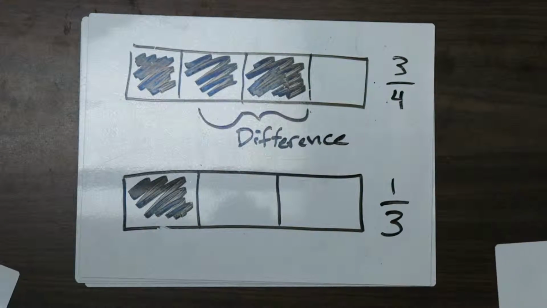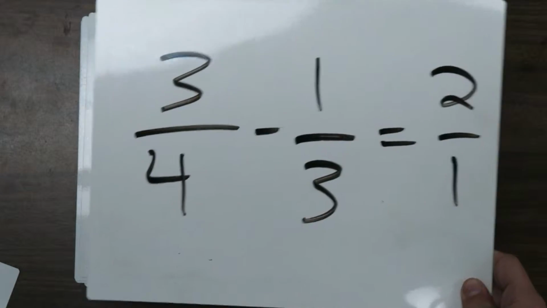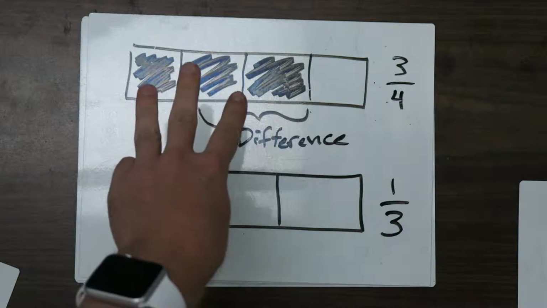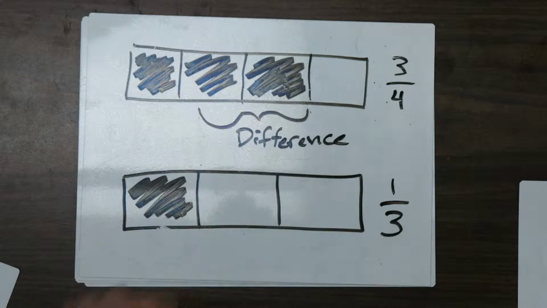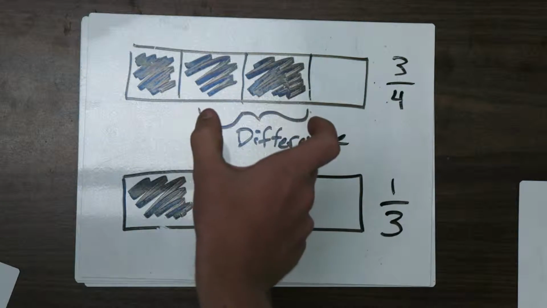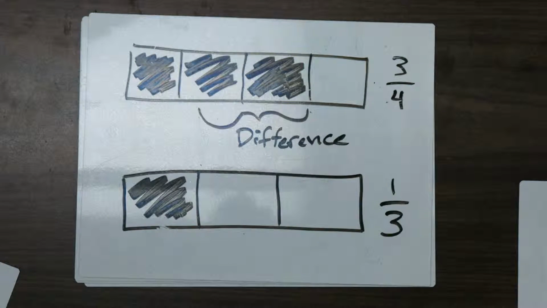Now, if we think back to the original problem, 3/4 minus 1/3, I'm going to visualize this. So 3/4 is right here. There's 3 out of 4 total. And here's my 1/3. So if I took 1/3 out of 3/4, this is the difference that would be left over in 3/4.